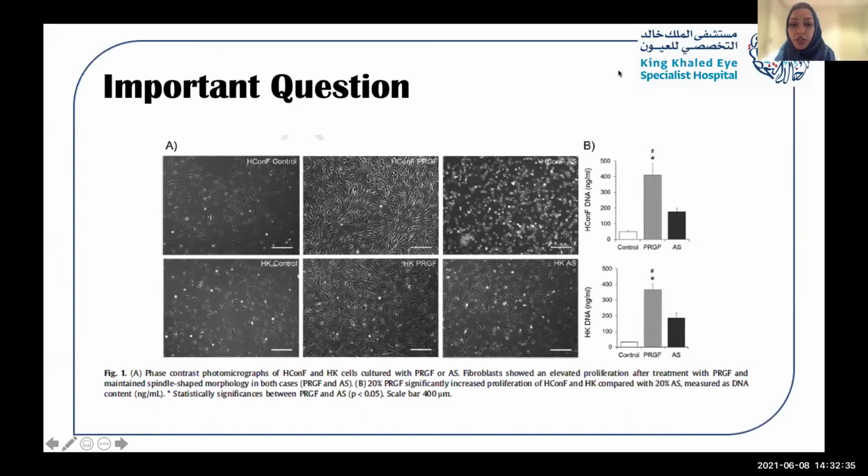So here you can see there's elevated proliferation with the plasma-rich growth factor. Here's the control, and here's the plasma-rich growth factor, and here's the autologous serum. It's clearly, there's more proliferation of cells in that group.